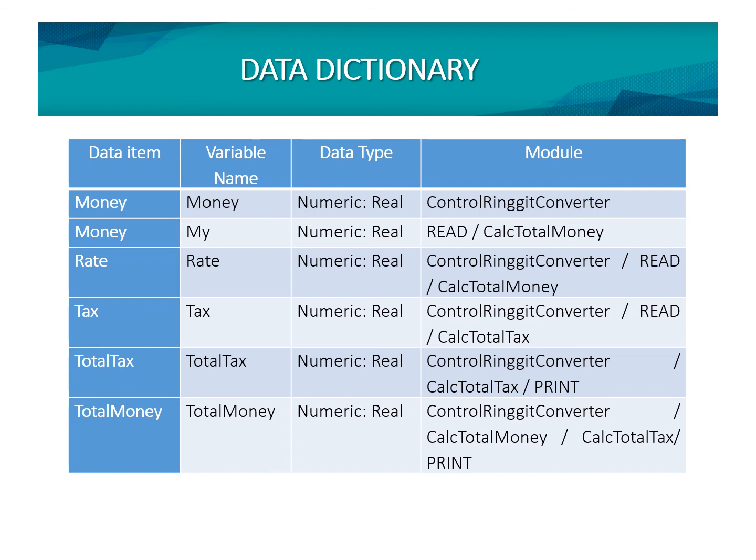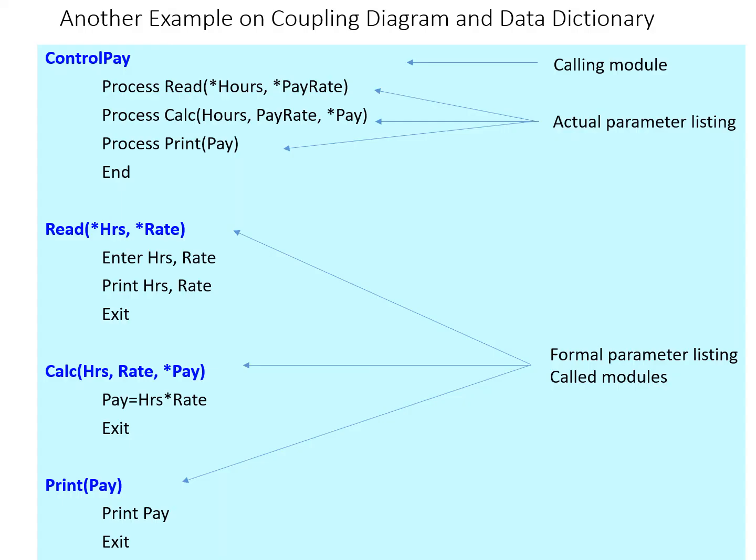These are the tables that represent the data dictionary, which comes from the coupling diagram just now. So we have a data item, variable name, data type, and also modules. This is another example of a coupling diagram and data dictionary.